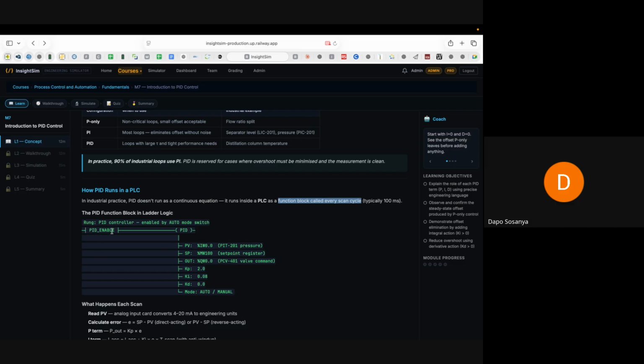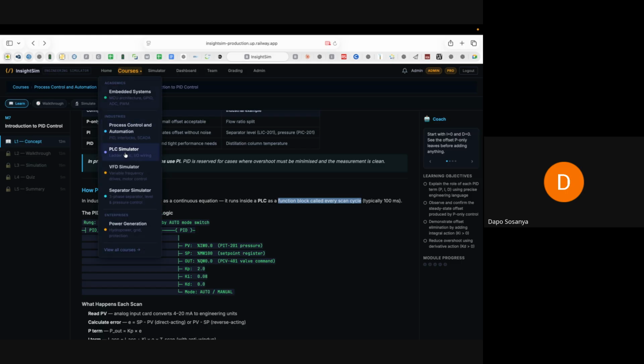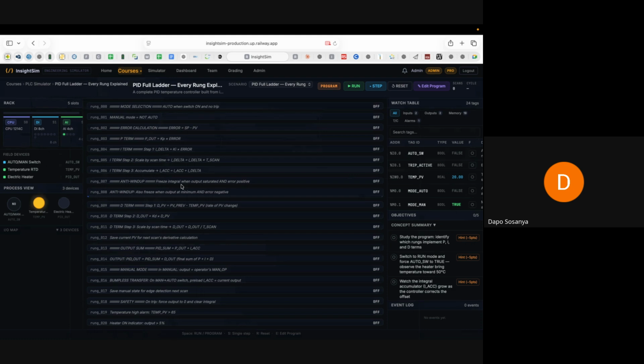This is the PID enable. So the way it is implemented, I need to move between this and this now. You have your block on your ladder logic, right? You now need to set the mode of operation. Are you on manual or auto? So that's where that term comes from.